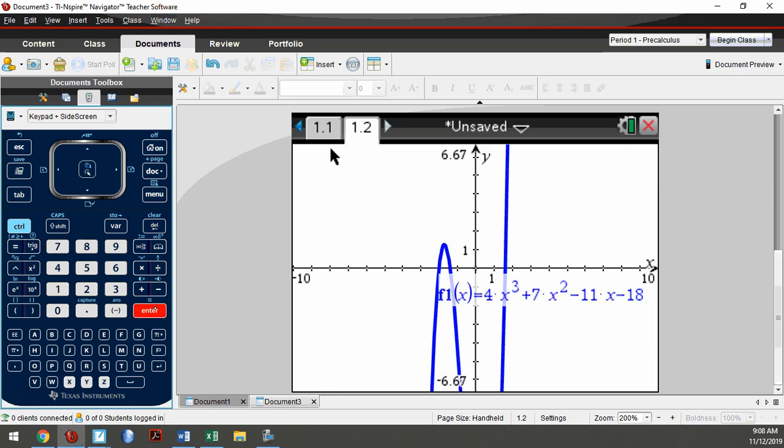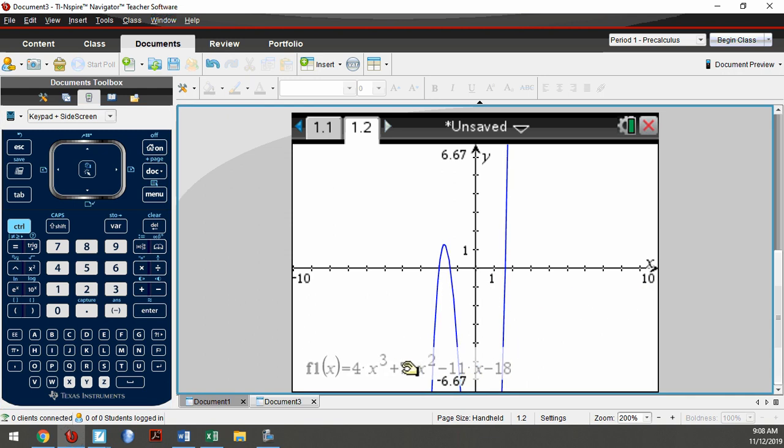Now, mentally, I need to look at my window size. Negative 19 to 19 is what my window size should be. My question is, do I see all of my roots right now without changing my window? I absolutely do, so it's not necessary to change my window.